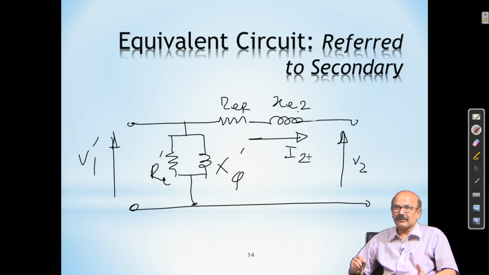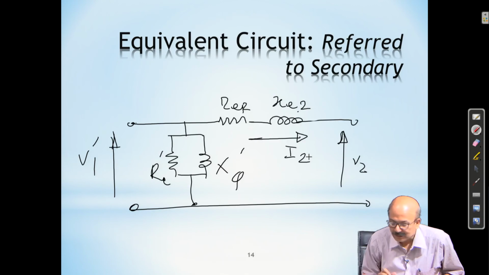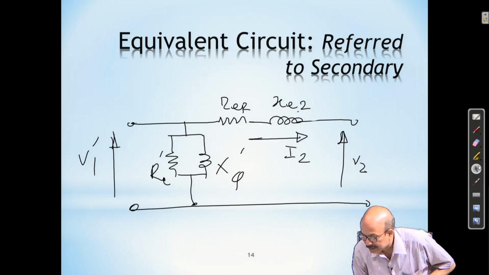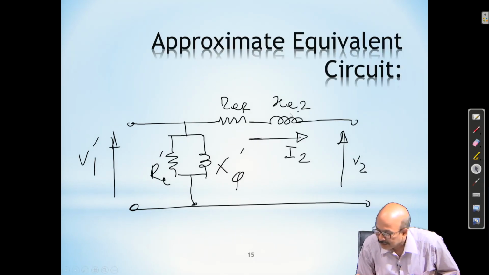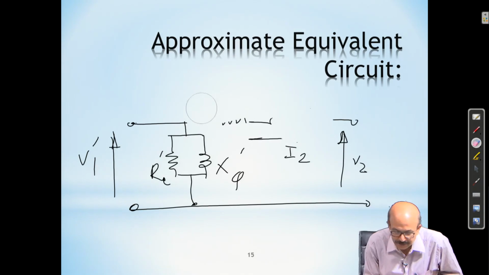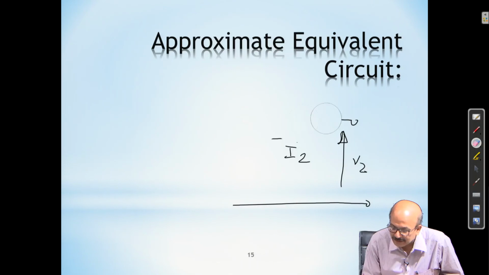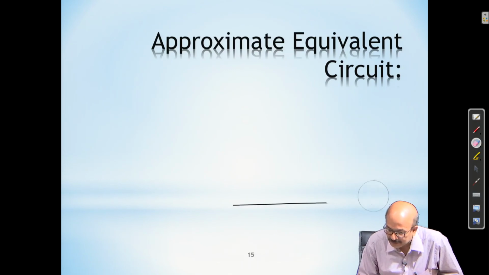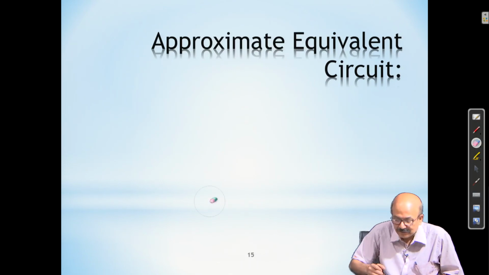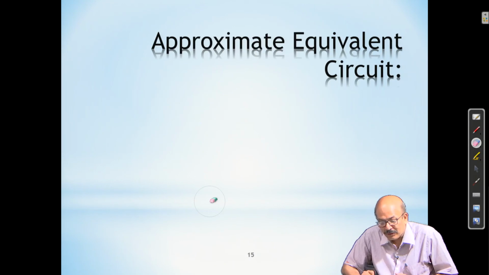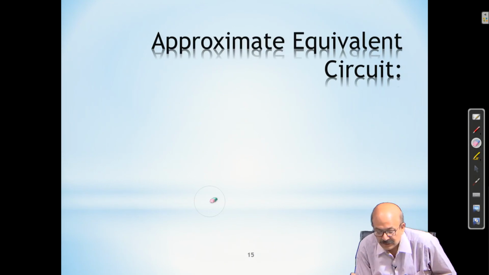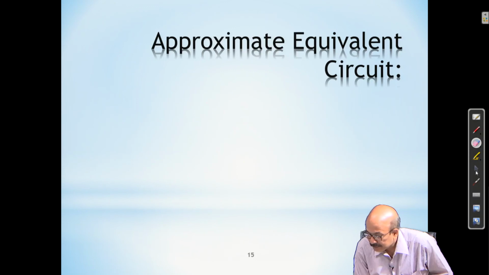So this is referred to the secondary side. You can do this as your homework. You can clearly check; same principle as we have done, having a fictitious primary with N2 number of turns.